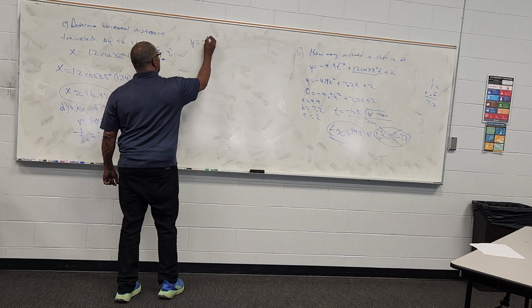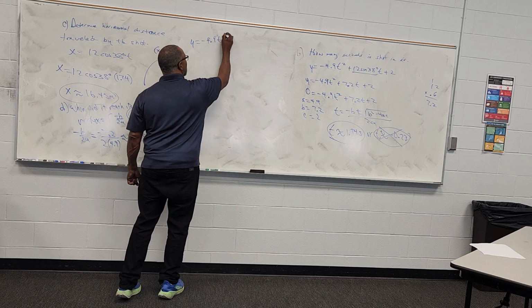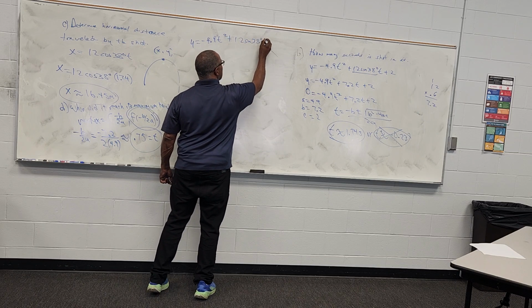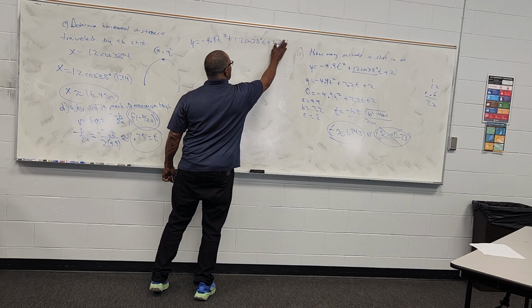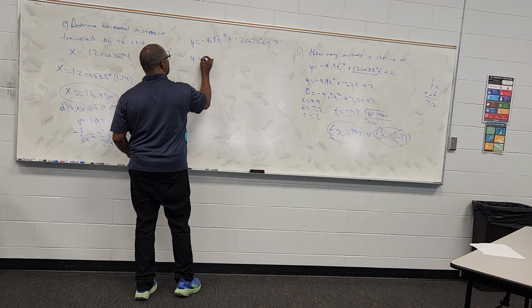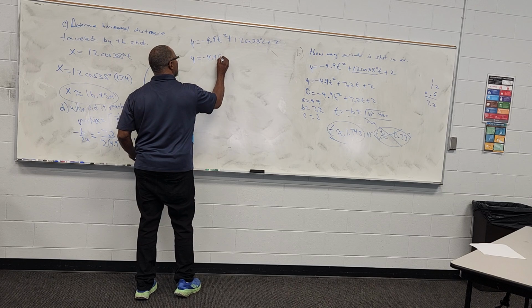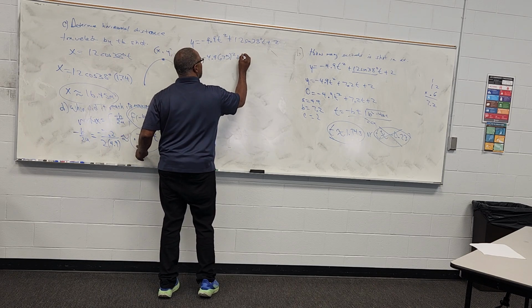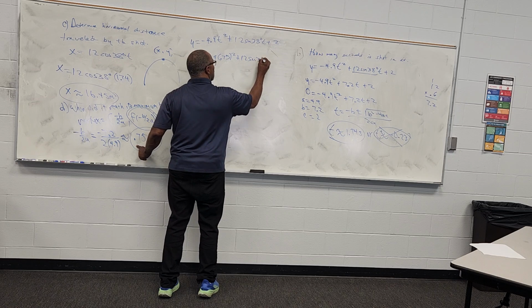So since y was negative 4.9 t squared plus 12 sine 38 degrees t plus 2, I'll just put 0.75 in every place of t.